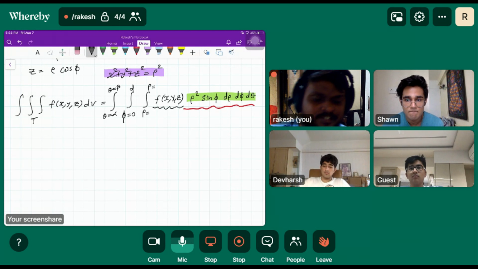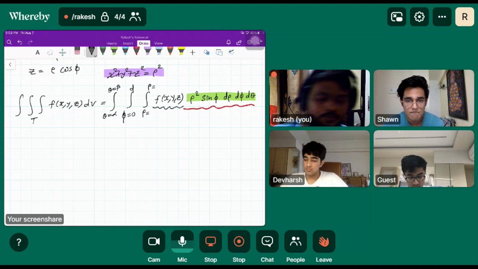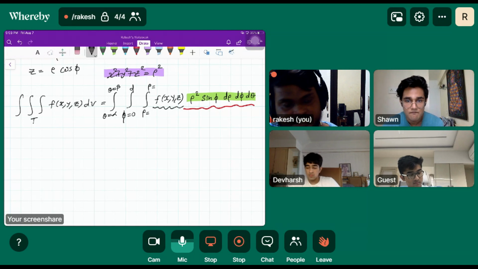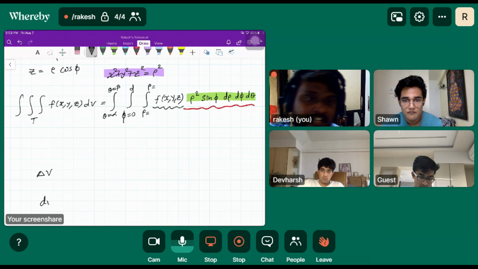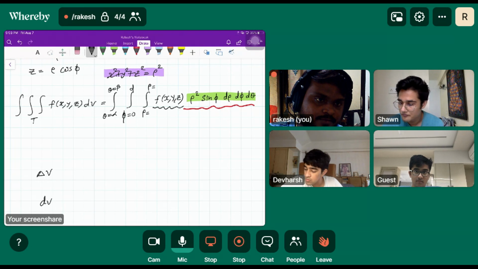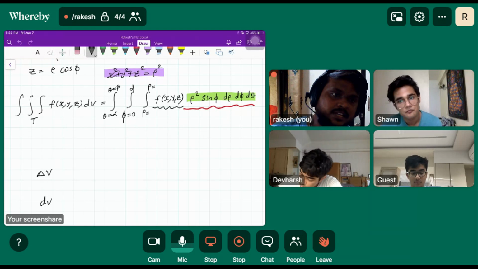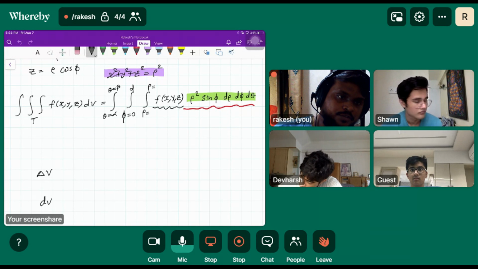So let's find out the change of volume in the spherical coordinate system. Because if you find out the change in volume, then we can come up with this idea of dV, the differential. Are you getting that? And what the order of this triple integration would be will be revealed automatically.